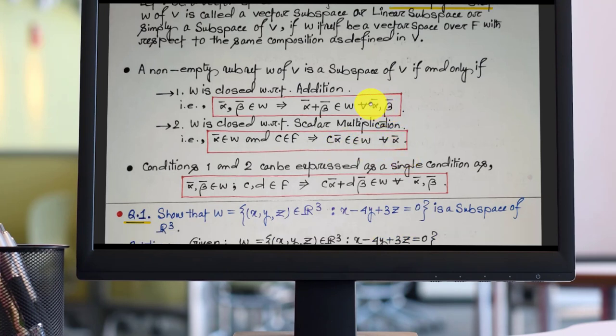Now these two conditions can be made into one condition like this: alpha, beta belong to W, C, D belong to F implies C alpha plus D beta belongs to W for all alpha, beta.